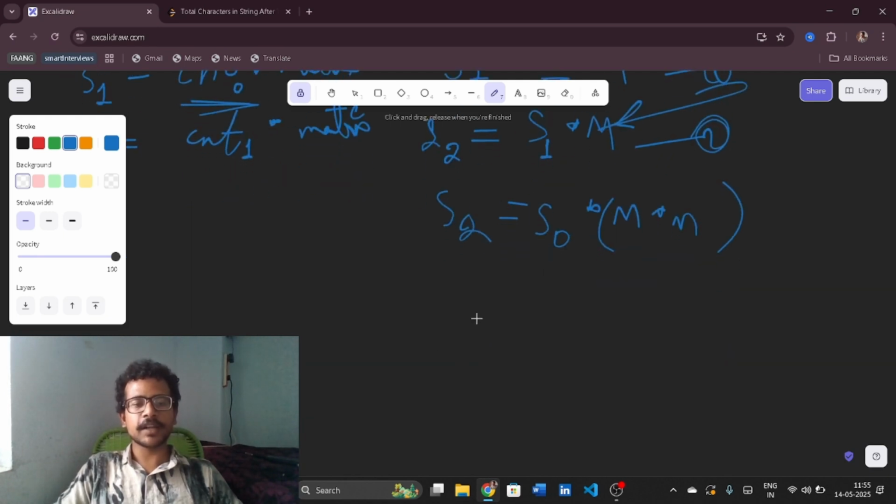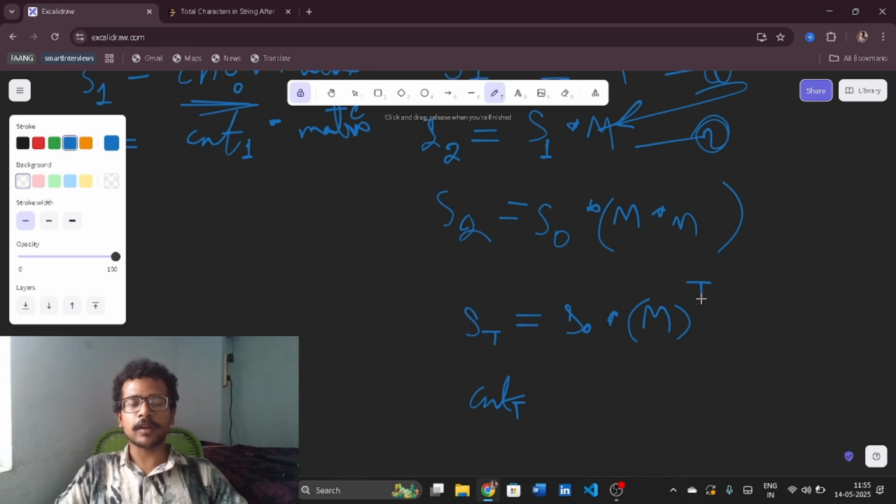If I write this for St, the string, or you can also write it as count of t is equal to count of 0 into m. For 2 I got m for 2 times, and for t I would get m for t times. This is the whole algorithm and the intuition for this question.